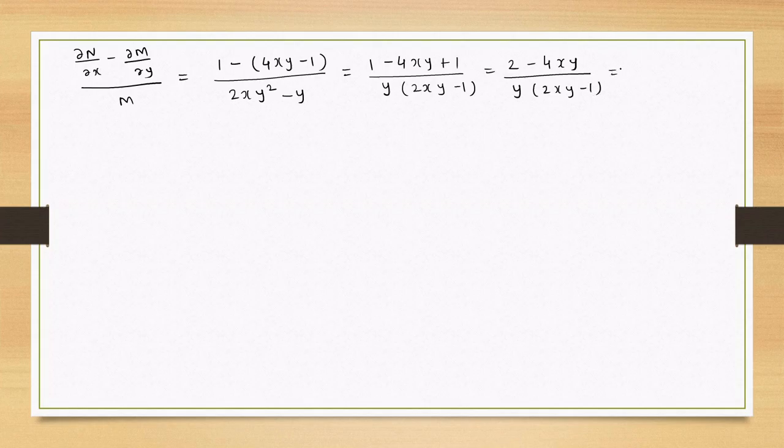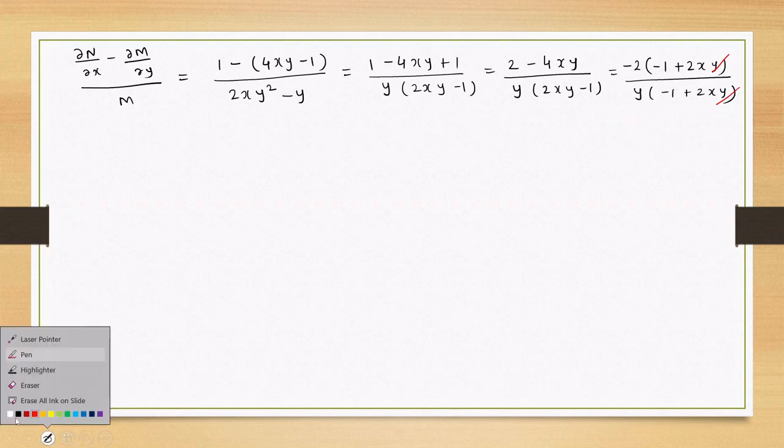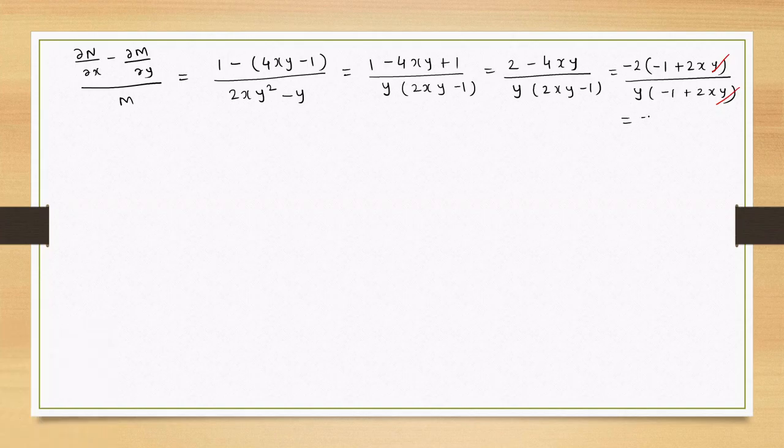We can take minus 2 common, so it is minus 2 times (minus 1 plus 2xy) upon y, and this term and this term get cancelled, and we are remaining with minus 2 by y. So it is a function of y only.